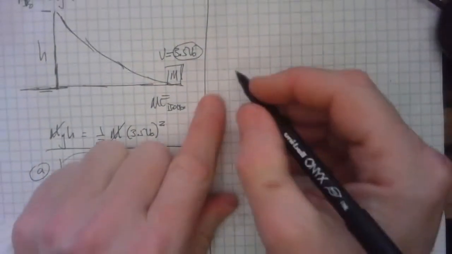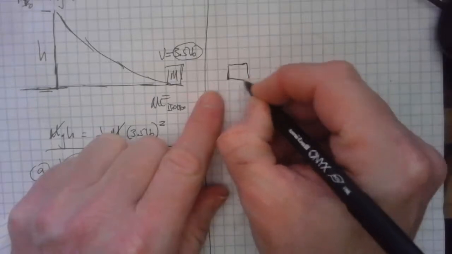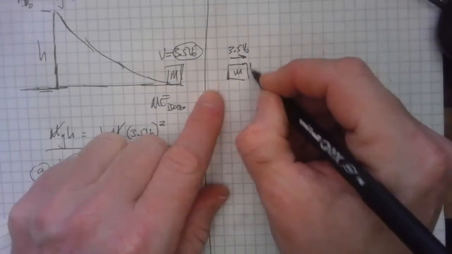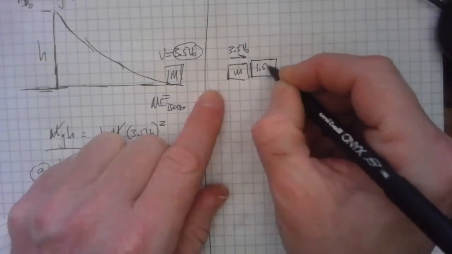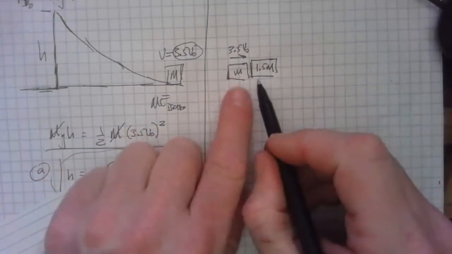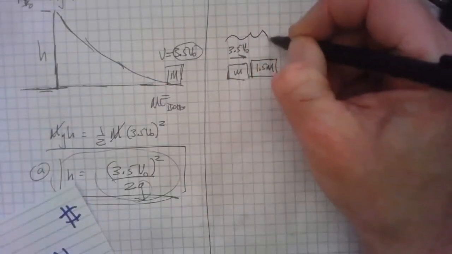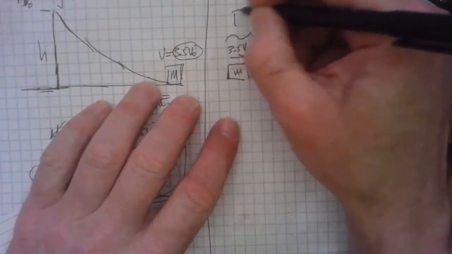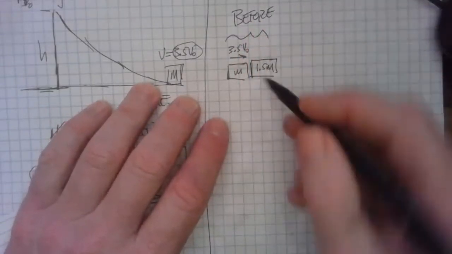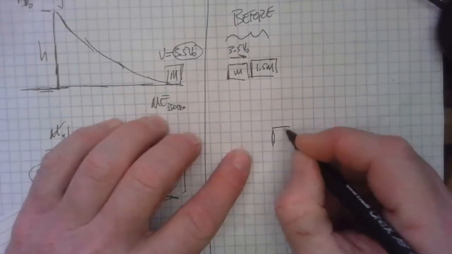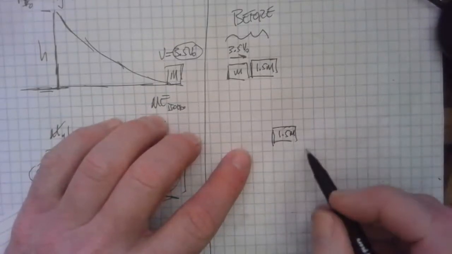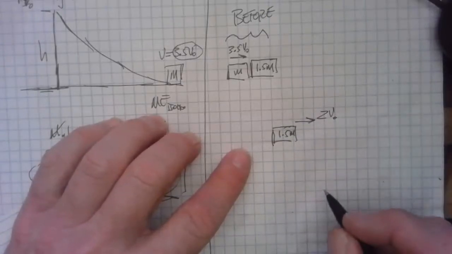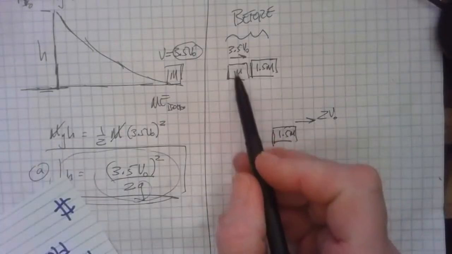So what we're now looking at is a block M that is moving at 3.5 v0 to the right and is colliding with another block that is 1.5 M. The momentum before is this, and after the collision, all we know is that the larger block, the 1.5 M block, is moving to the right with a speed of 2 v0. That's all I know.